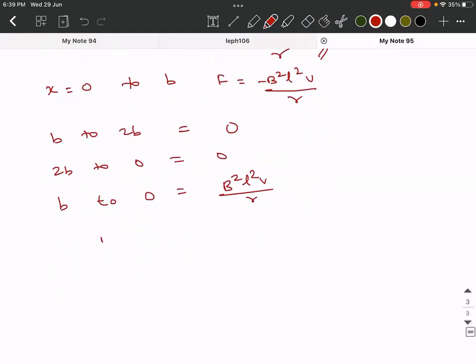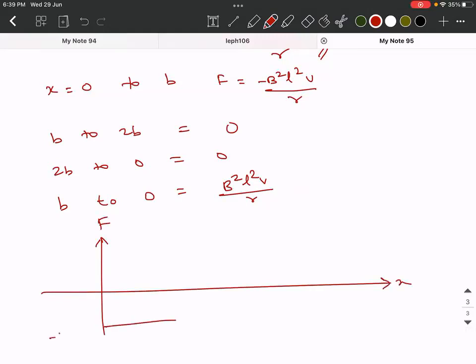So when you draw the graph, how is it going to look? Except the fact that the values are different. Minus B square L square b divided by R. This is b, this is 2b, again this is 0.